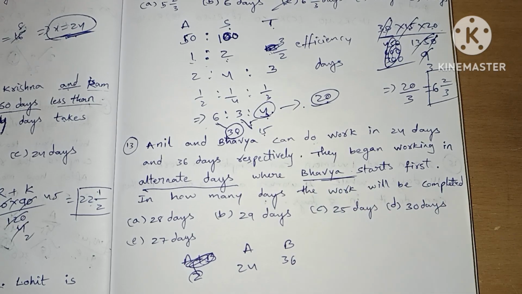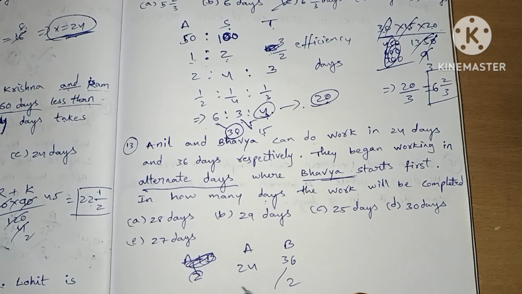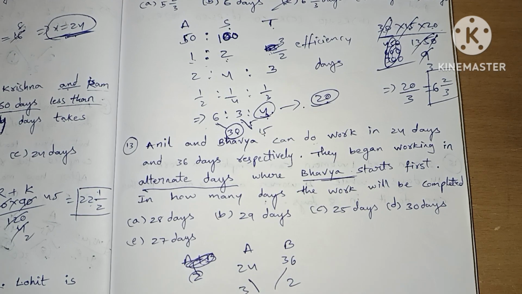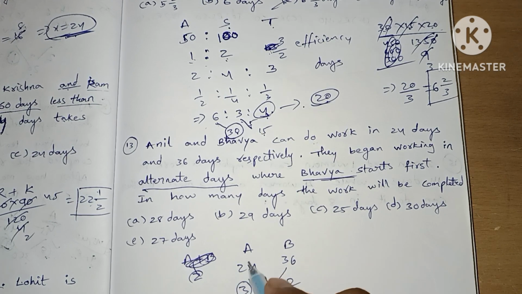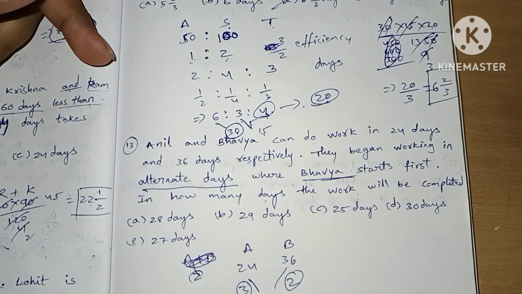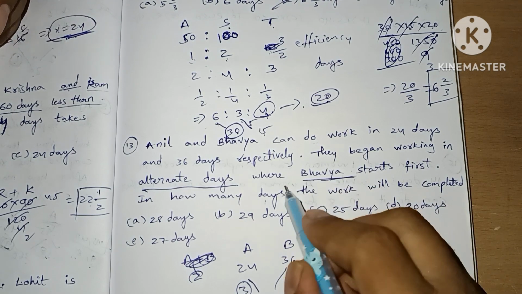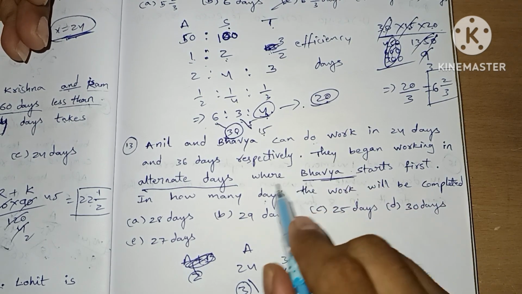So first we need to take the LCM for these two. LCM for these two is 72. 36 times 2 and 24 times 3. So the efficiencies of Anil and Bhavya are 3 and 2. And it is said that they work on alternate days.